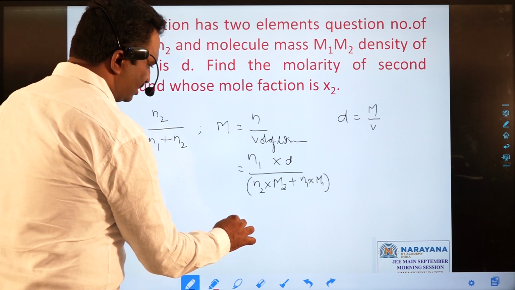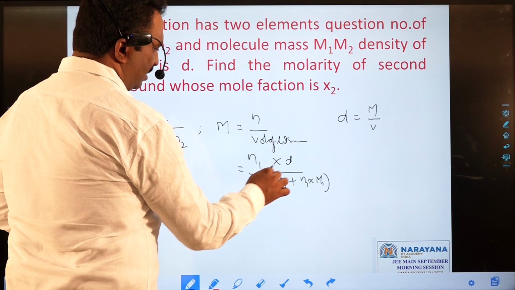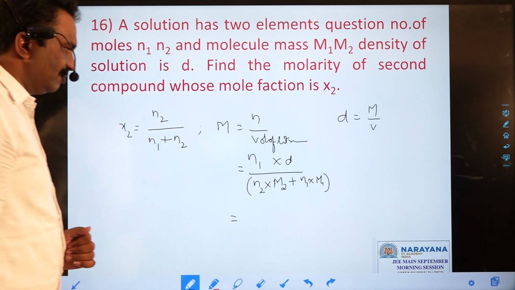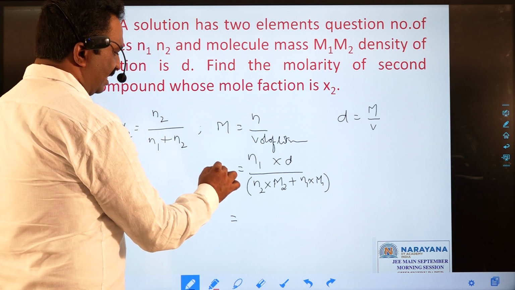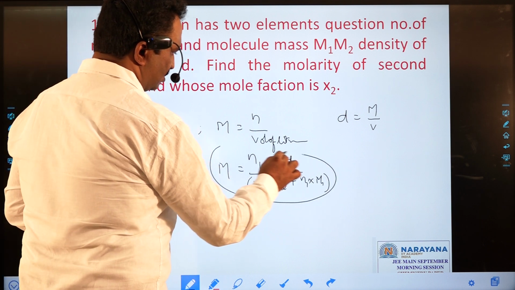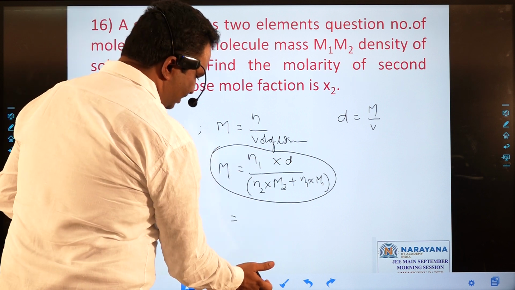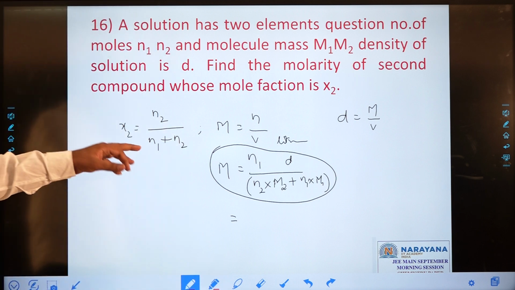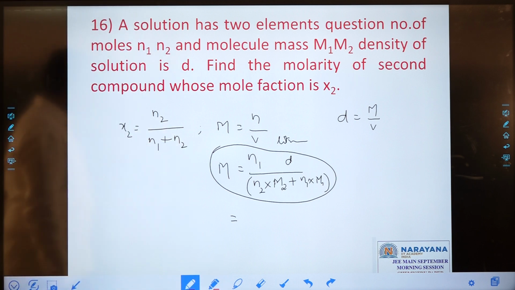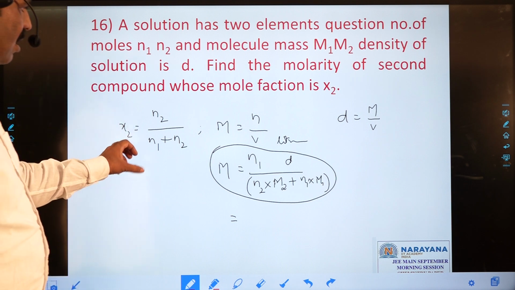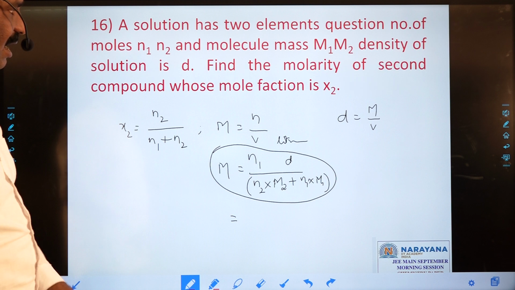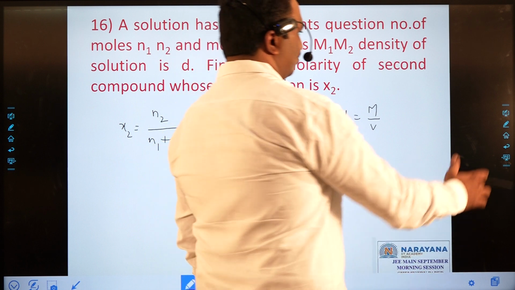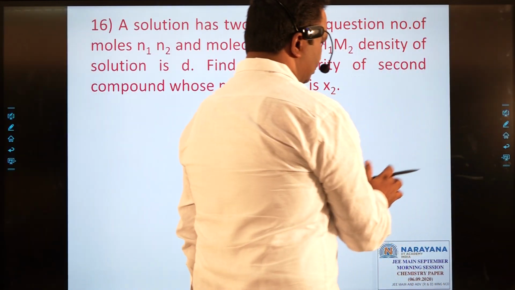So number of moles N1 into D by N2 M2 plus N1 M1. So this is the molarity of the solution. This is not X, it is simply density. So molarity, if they ask, actually options was not specified, so we cannot exactly derive the relation. Based on the option we can derive the relation. Let me proceed for the next question.